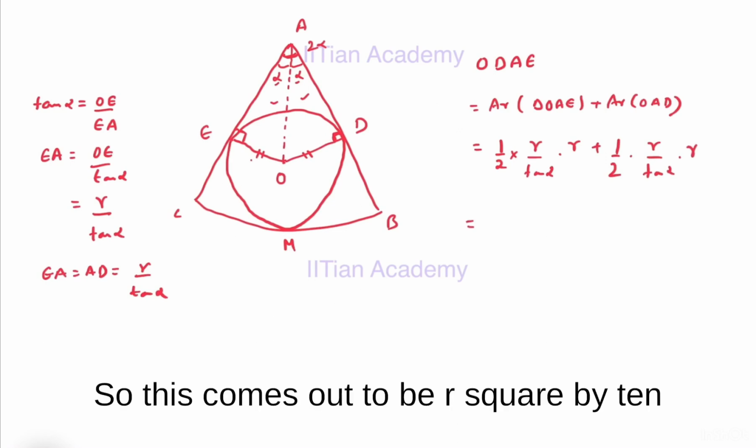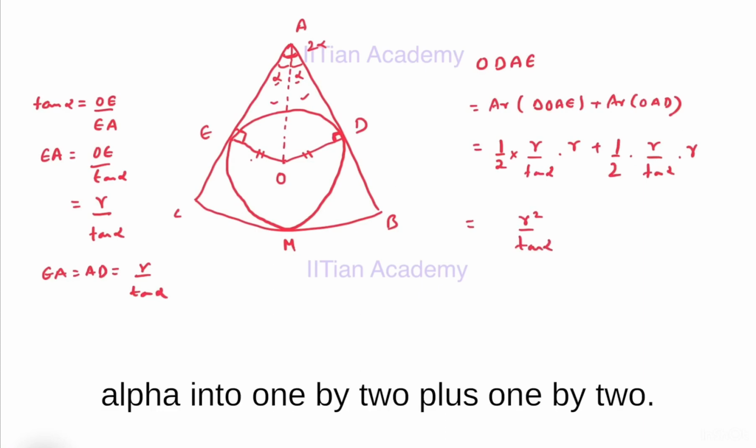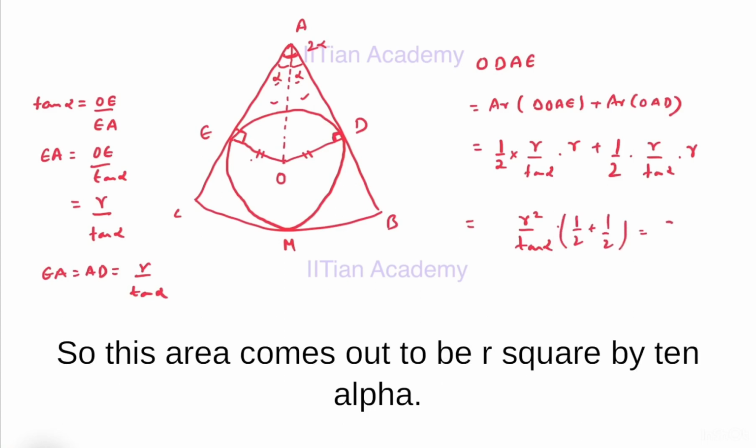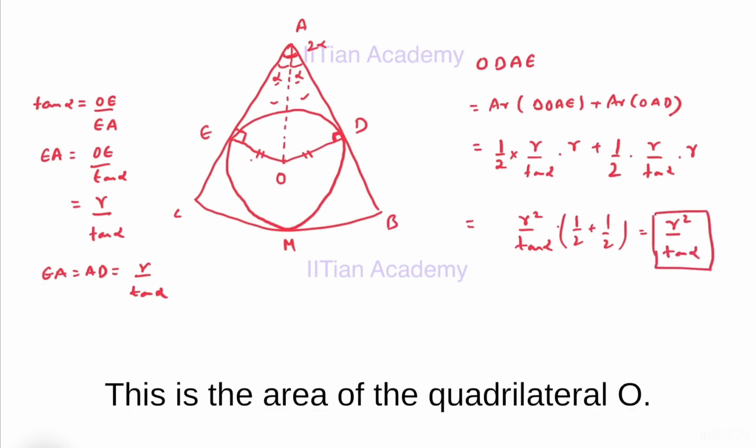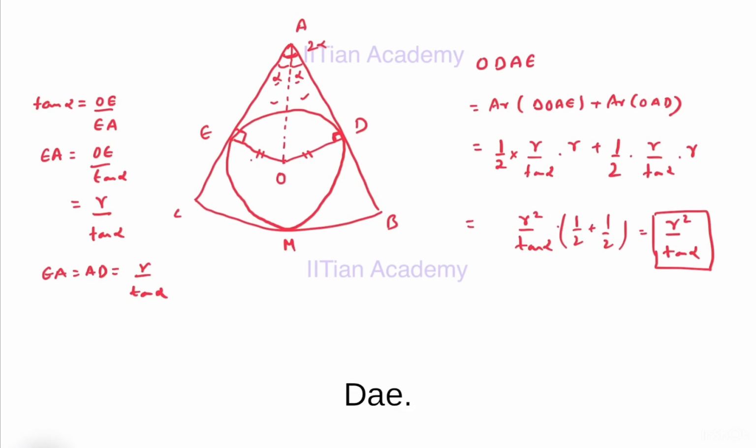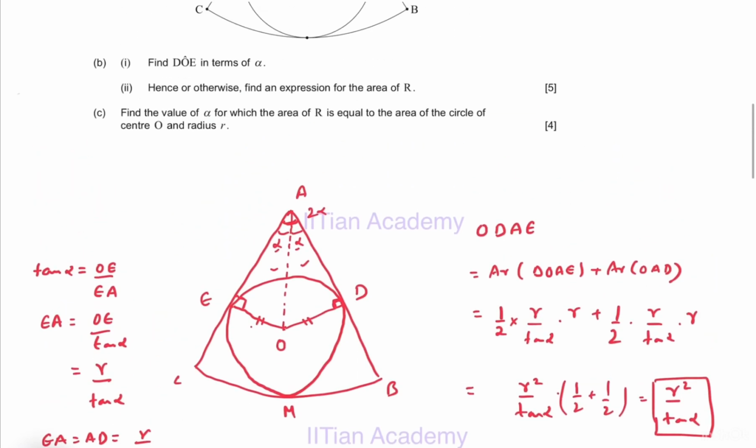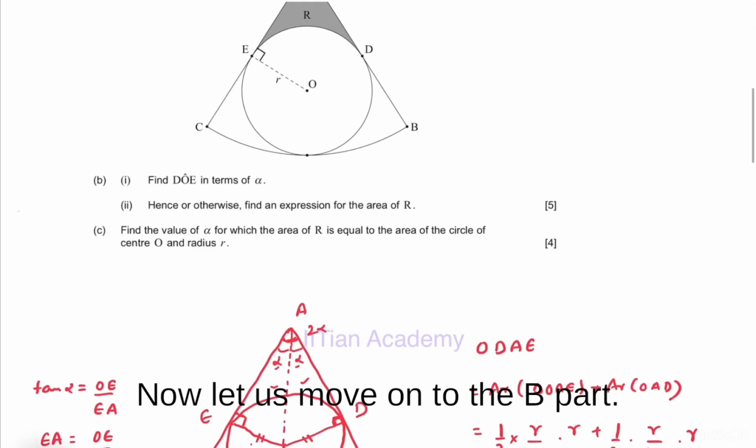So this comes out to be R square by tan alpha into 1 by 2 plus 1 by 2. So this area comes out to be R square by tan alpha. This is the area of the quadrilateral ODAE.